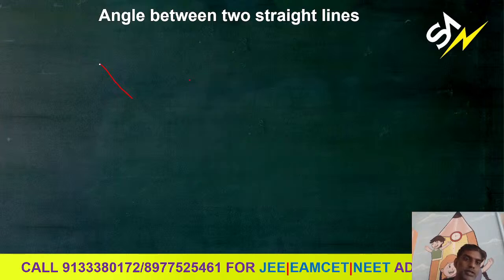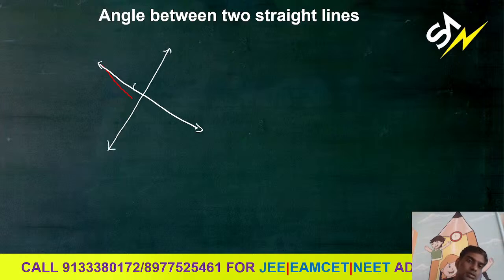So this is first straight line and this is second straight line. So let us take the angle between two straight lines is theta. This is line L1 and it is line L2. If we take this angle as theta, the next angle will be 180 minus theta, right?